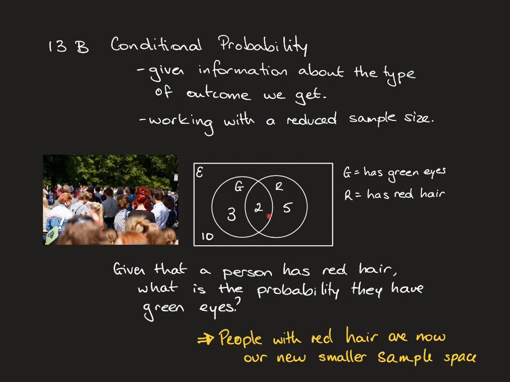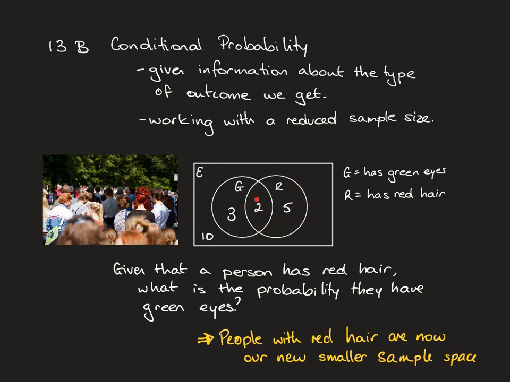The numbers that I've got here in this Venn diagram don't actually fit the number of people here. But say I had 20 people and 7 of them have red hair, 5 of them have green eyes, and there's 20 people altogether. Given that the person has red hair, so now I'm just looking at these people just here, what is the probability that someone has green eyes?